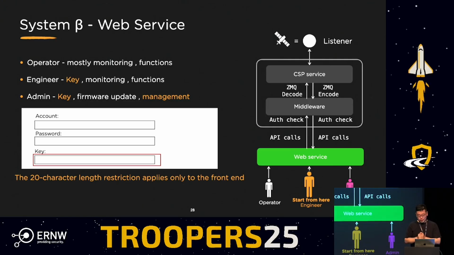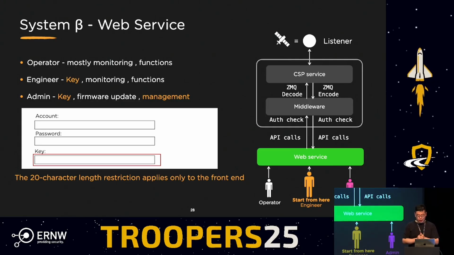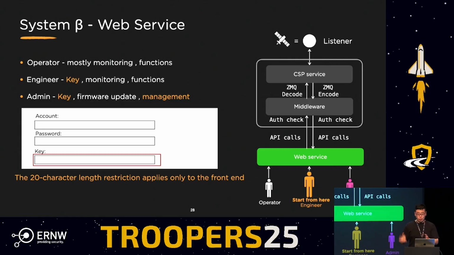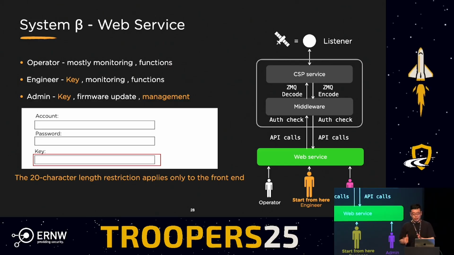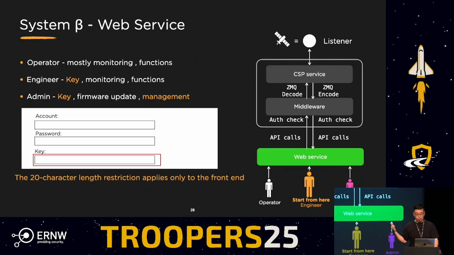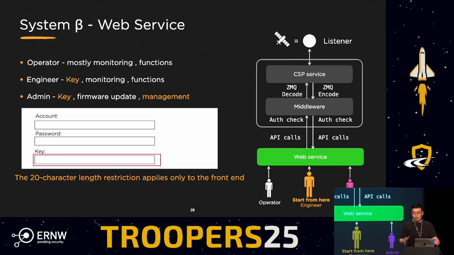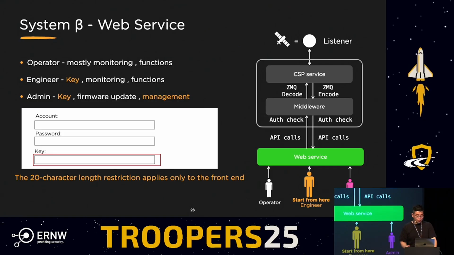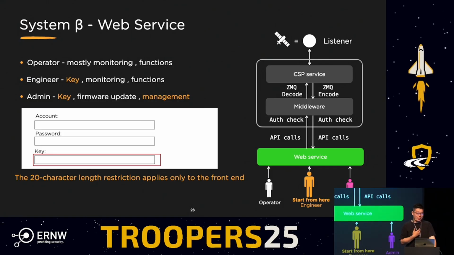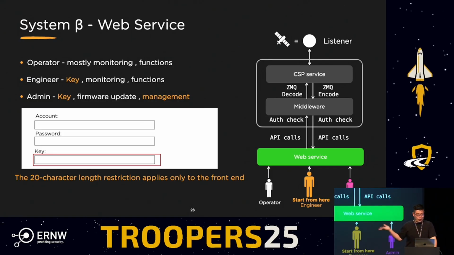But in this test environment, there was no test device or test satellite connected to the whole system. So almost all of the monitoring tables, log systems, and functions that interact with the satellites were dead. Not much I could do, so as a web pen tester, I just started from the web.